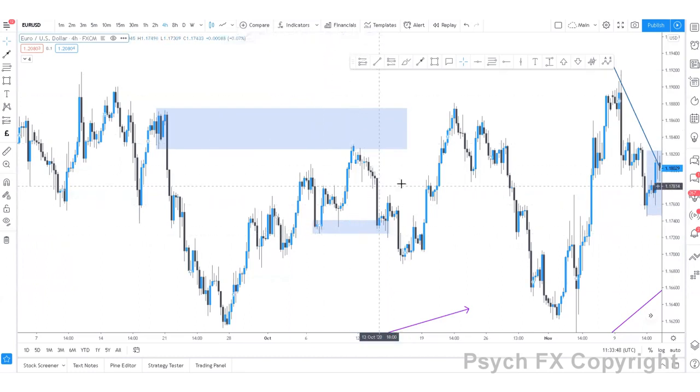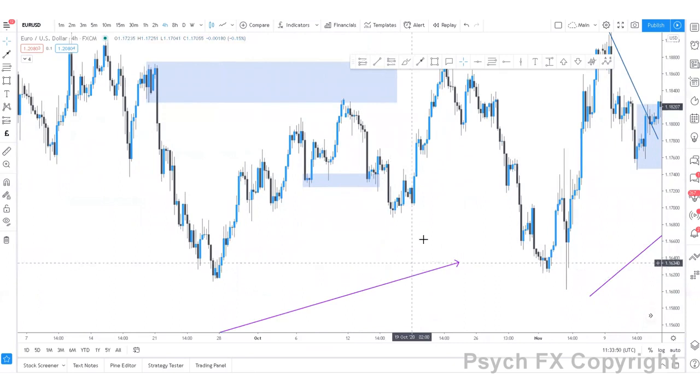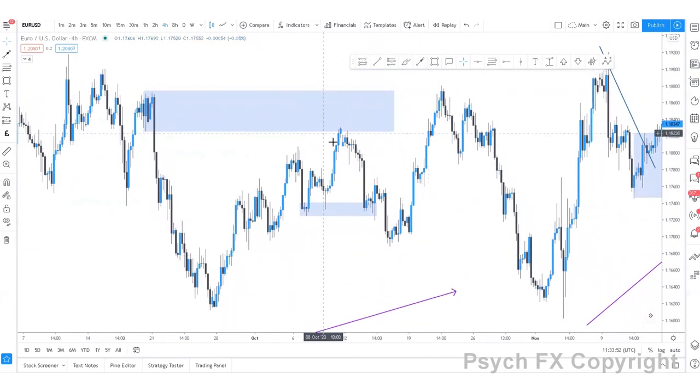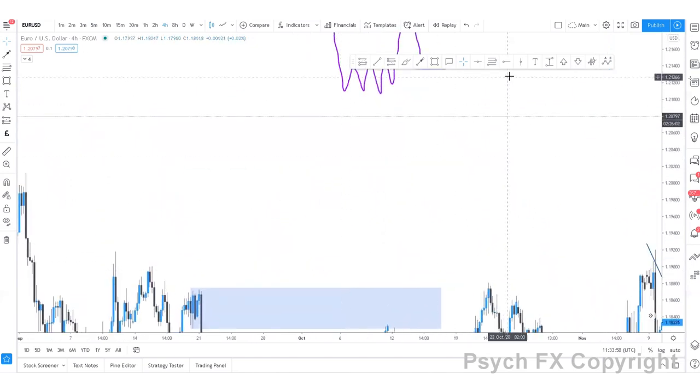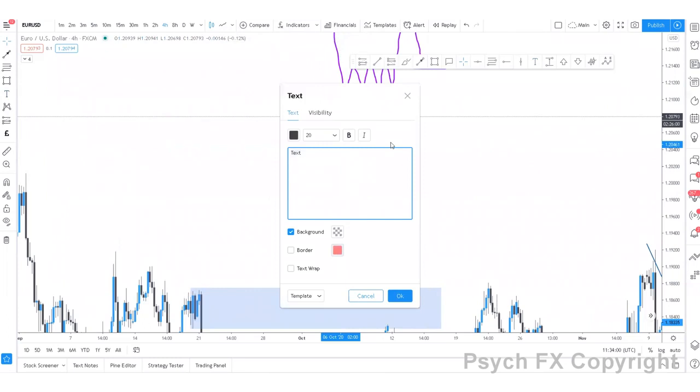If you're trading like this and you're not looking to target major lows and stuff like that, then the trend doesn't really matter that much. Your job is going to be finding strong displacement. Let me just write this down for you. If you're trading block to block, trend isn't very important.